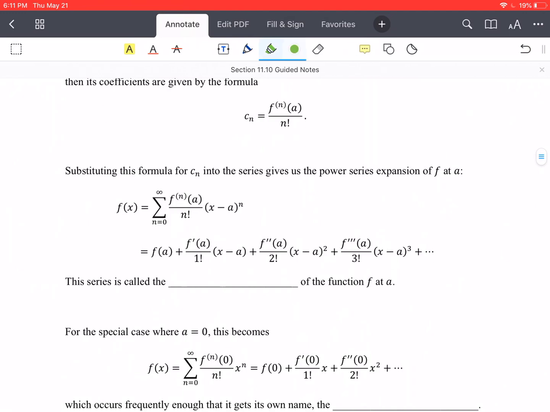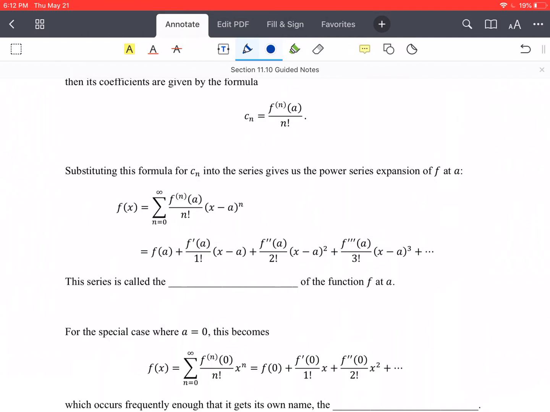Okay, so instead of using c now, we're using this expression in terms of the function and its derivatives. So that gives us f of a plus f prime of a over 1 factorial times x minus a, f double prime at a over 2 factorial times x minus a squared. And the power series is counting up, and so are the derivatives and the factorials.